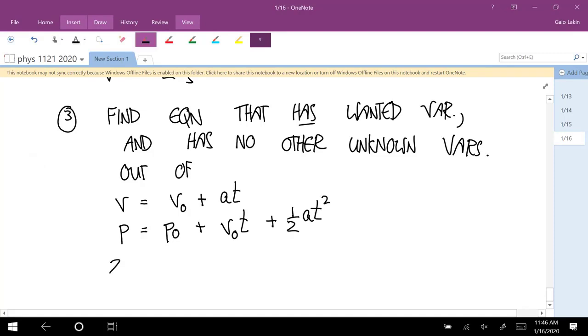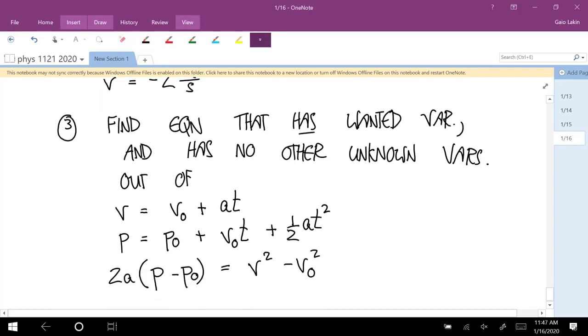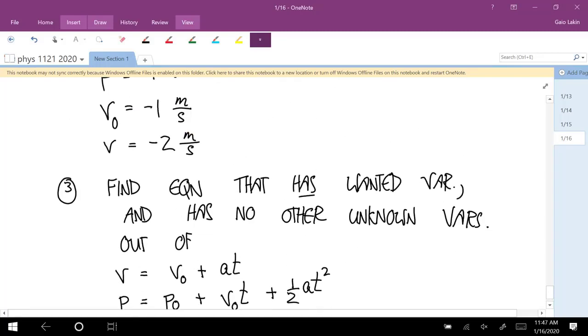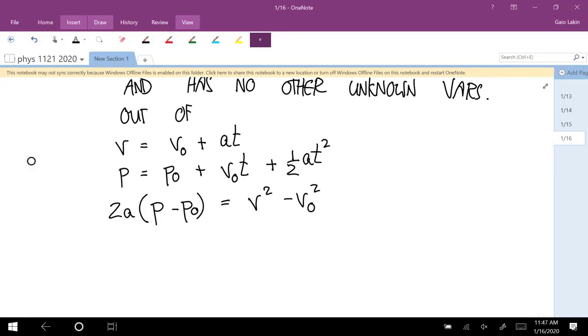And the last one says 2A times the quantity P minus P0 is equal to V squared minus V0 squared. Is there one of those three equations that is going to work with this to let us calculate A? The last one, yep.